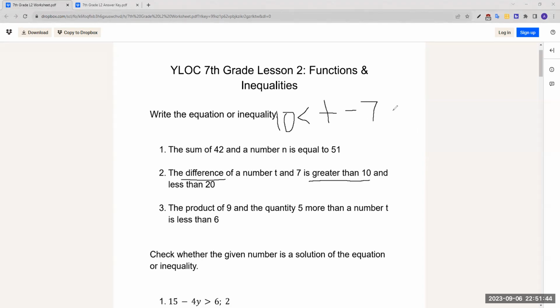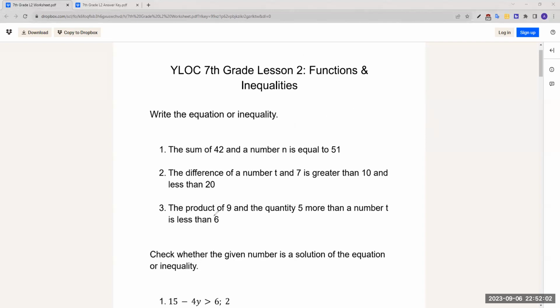Then you put this sign and a 20, because t minus 7 is less than 20. So our final answer would be 10 is less than t minus 7 is less than 20.